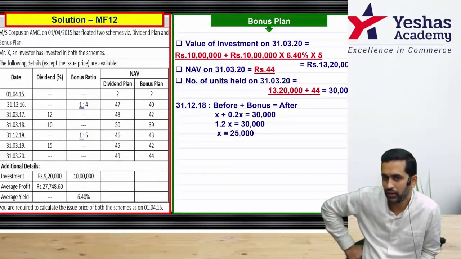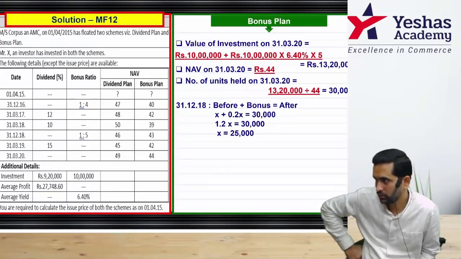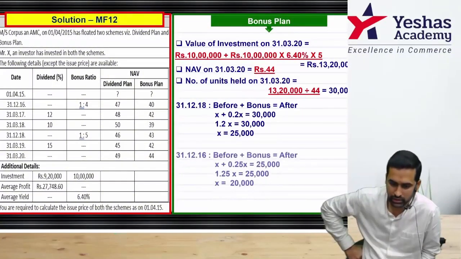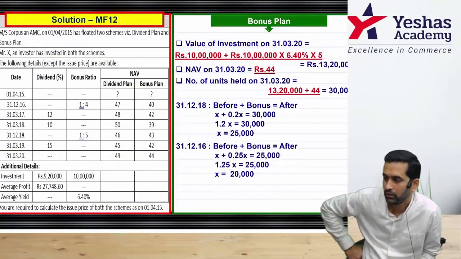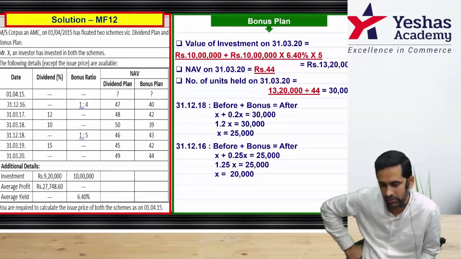But this is the number after the latest bonus. There was a bonus before this, so you have to go one more step backwards. So it is 31/12/2016. Similar working. Now this will be x plus, the question says 1 is to 4, that is 1 by 4, which is 0.25x.